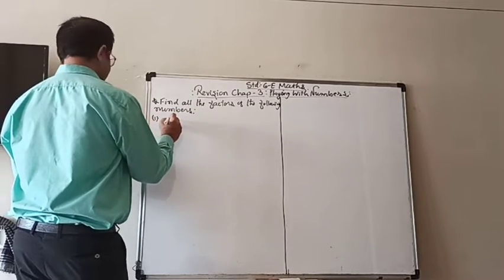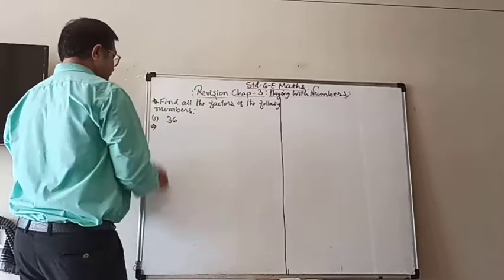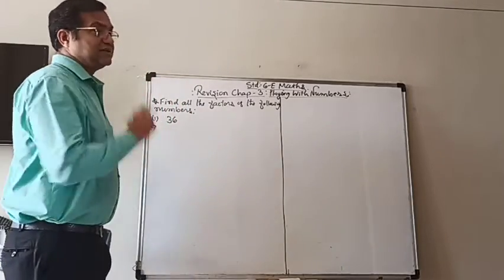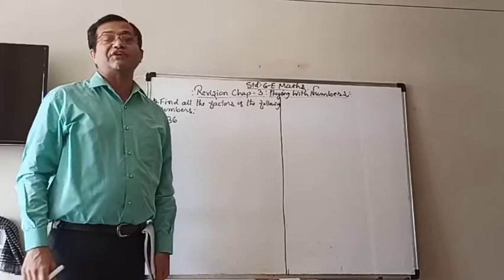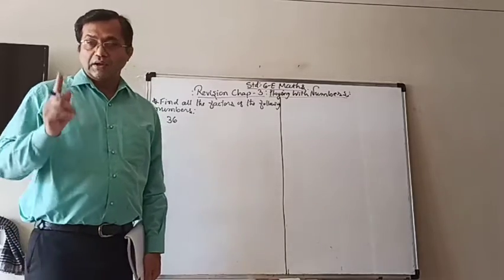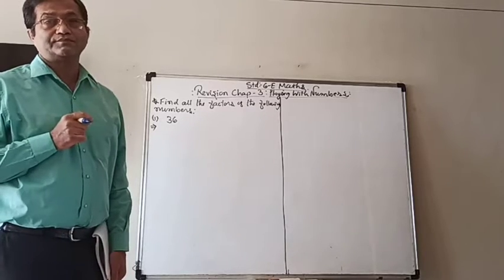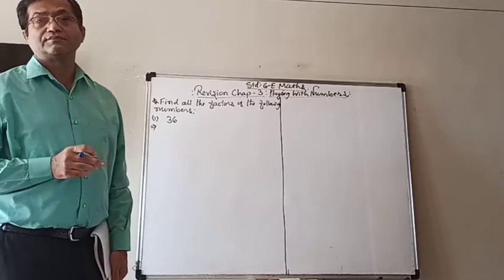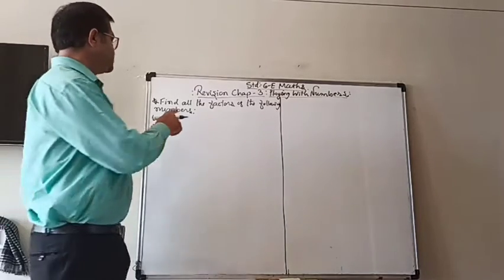First number is 36. Now let us understand that when you write down all the factors, my advice is that start from number 1 and write down all the possible products such that the answer is 36.